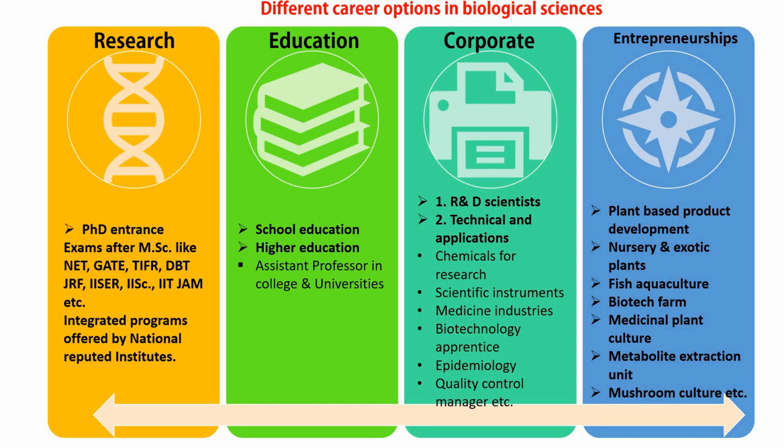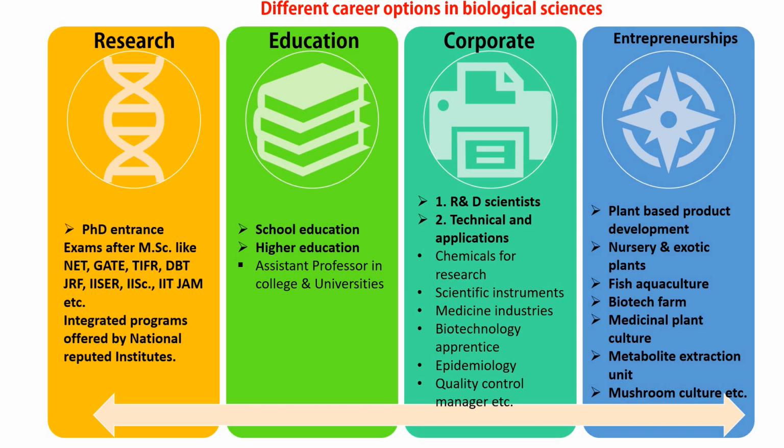For school education jobs, usually the masters is the highest qualification most schools require. So after the masters, you can join different high schools, like different private and government schools.